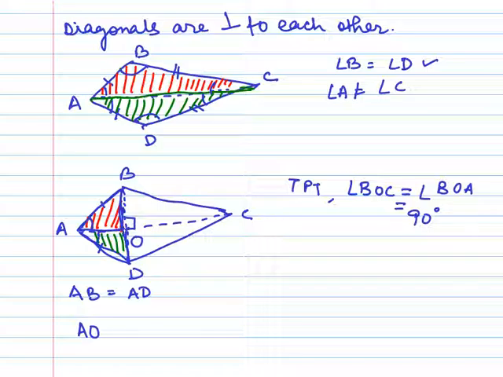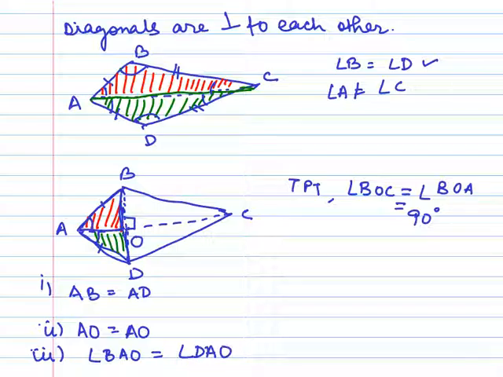So AO is equal to AO. This thing is clear. Now this was the first thing, this is the second thing, and the third thing is angle BAO will be equal to angle DAO. This shaded angle will be equal to this angle. Why? Because above we have already proven that this angle is equal to this particular angle, because these two triangles are congruent.